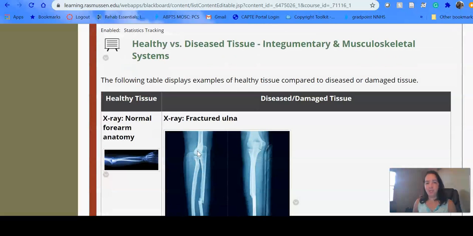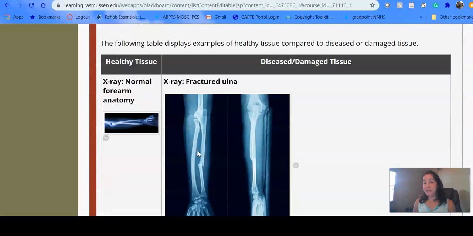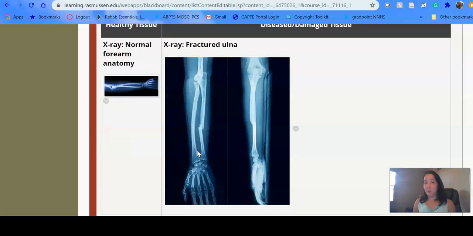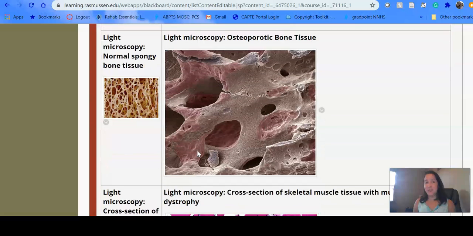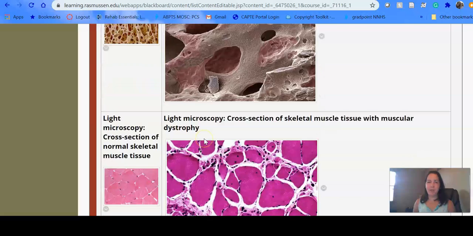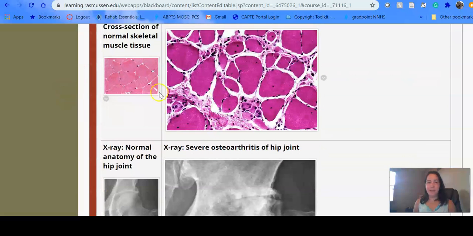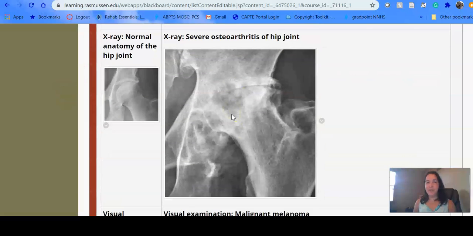Then as you continue to scroll down, we get some nice x-ray images of normal and fractures. Then microscopy, specifically looking at normal bony tissue versus osteoporotic. There are much larger holes. It's thinner, weaker bone. Then light microscopy, and x-rays of the hip showing you severe osteoarthritis.